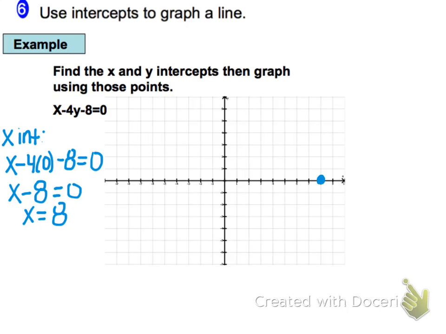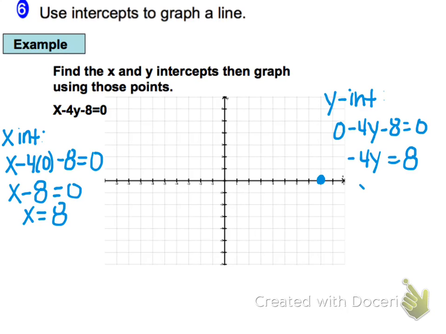To find the y-intercept, we're going to go the other way. We're going to make x 0, so we're going to have 0 minus 4y minus 8 equals 0. And we're going to solve for y, so let's add 8 to the other side and divide by negative 4, and we end up with negative 2.